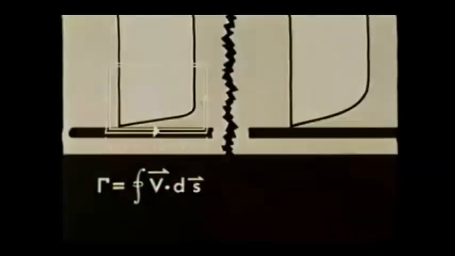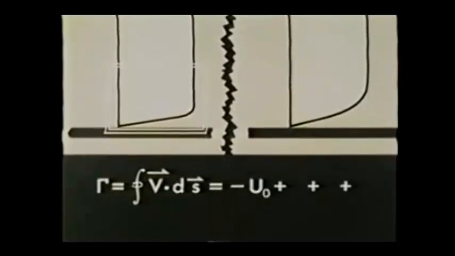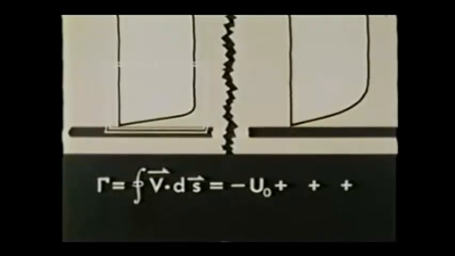The contour at the upstream station is a unit length along the plate and is more than a boundary layer thickness in height. At the top, the local velocity is parallel to the contour, but in the opposite sense.